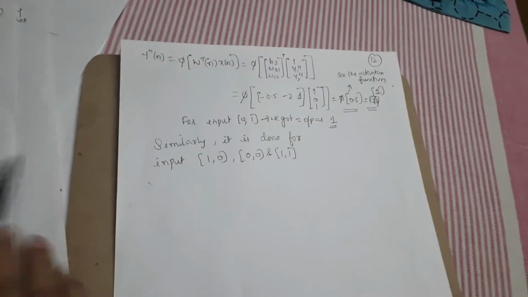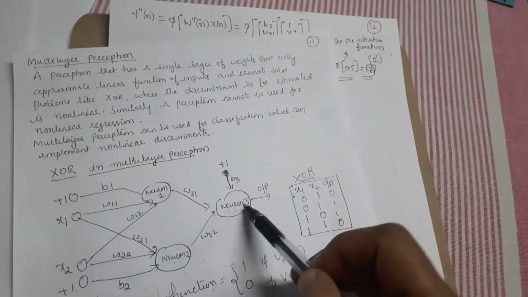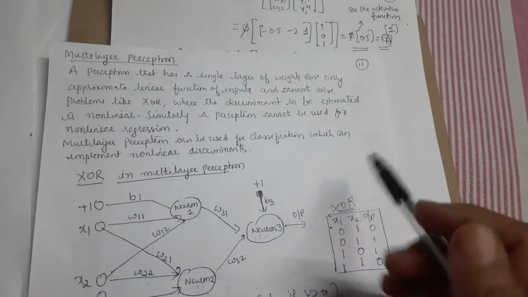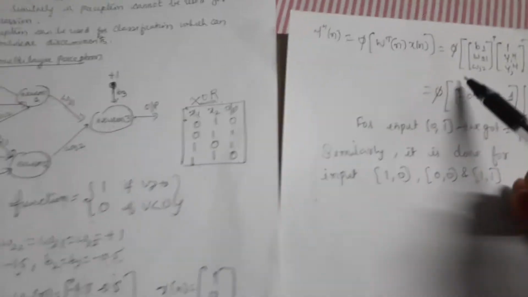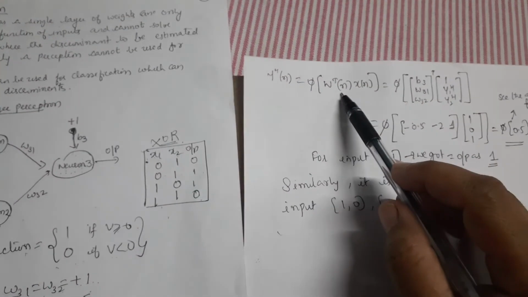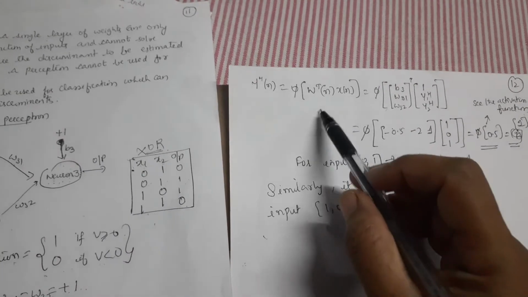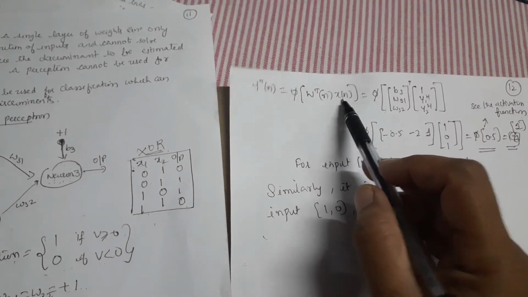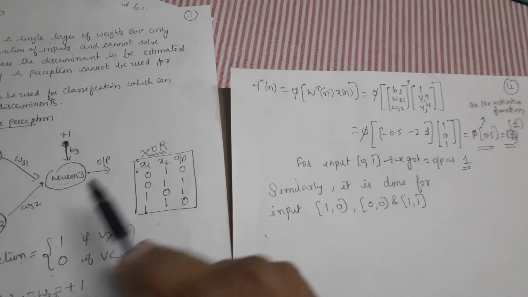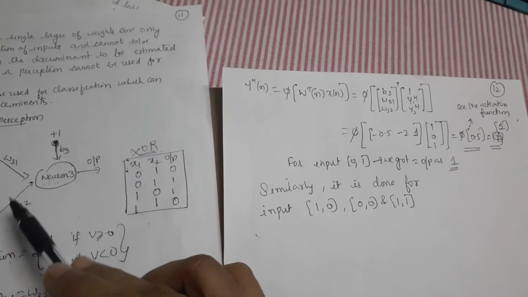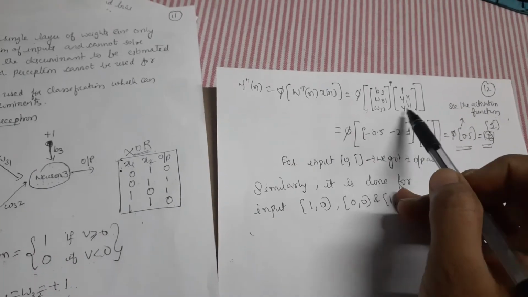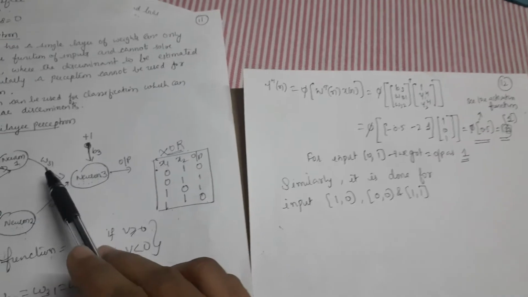Next we have to process neuron 3. Here it is the same thing: we apply summation and the activation, that is weight times input. The weights for neuron 3 are the bias 3 weight, then weight 3,1 and weight 3,2. The bias input is 1, and the inputs are the outputs of the two hidden neurons, y1 and y2.